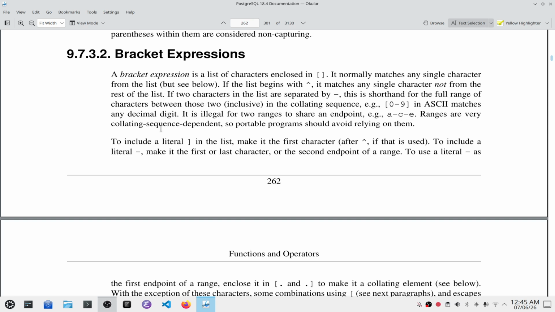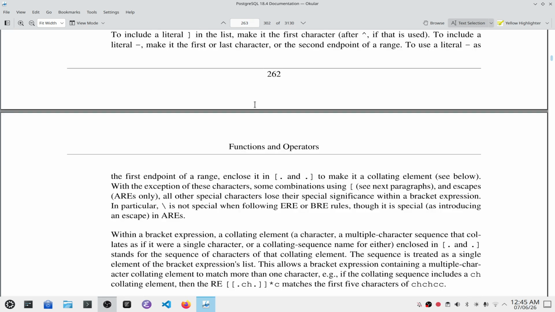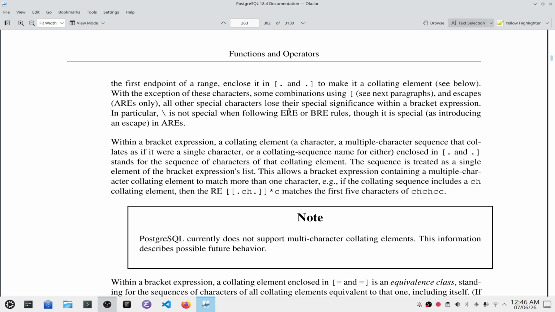Ranges are very collating sequence dependent, so portable programs should avoid relying on them. To include a literal right bracket in the list, make it the first character after caret, if that is used. To include a literal minus, make it the first or last character, or the second endpoint of a range. To use a literal minus as the first endpoint of a range, enclose it in bracket dot and dot bracket to make it a collating element.